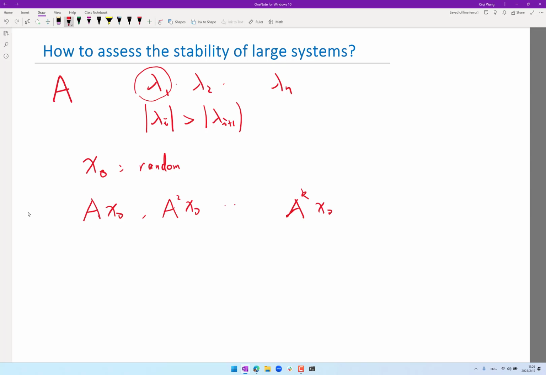And we just look at the magnitude of this vector to see how fast this magnitude grows exponentially. And the speed of that exponential growth is going to tell me the magnitude of the largest eigenvalue.